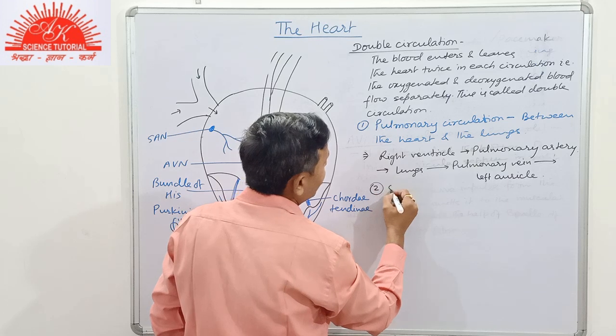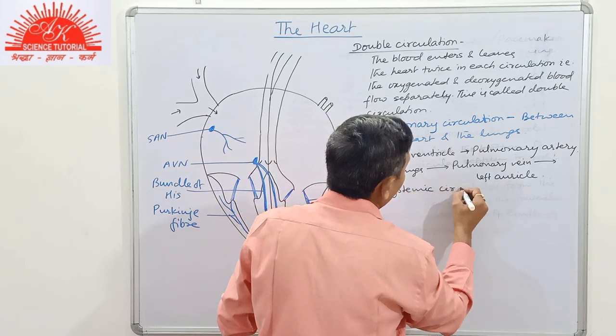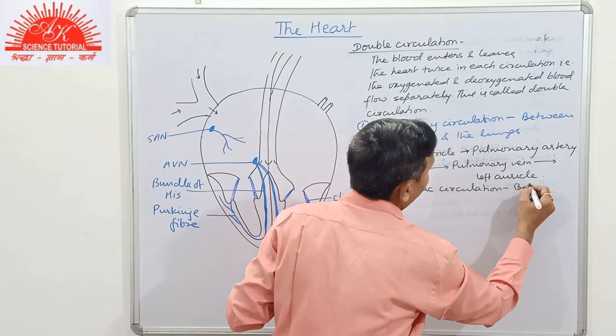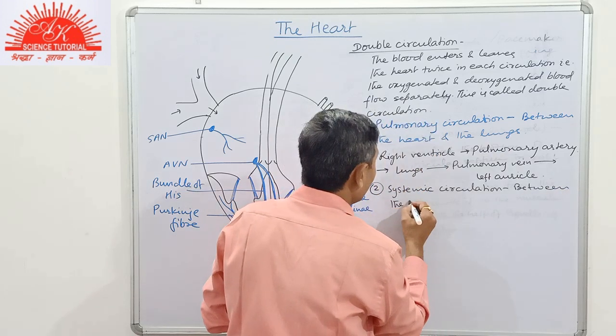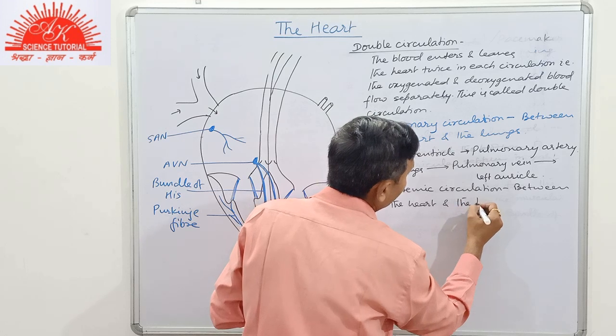Now the second is systemic circulation. That is between the heart and the tissues.